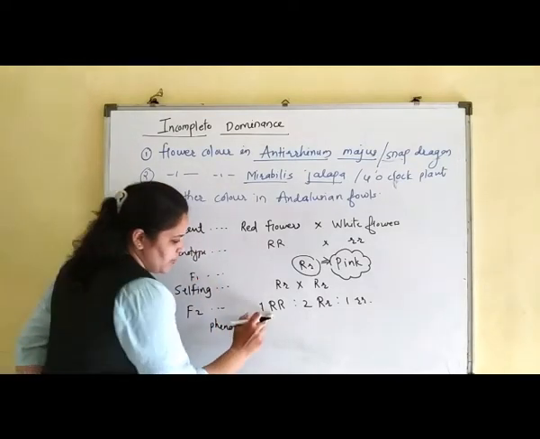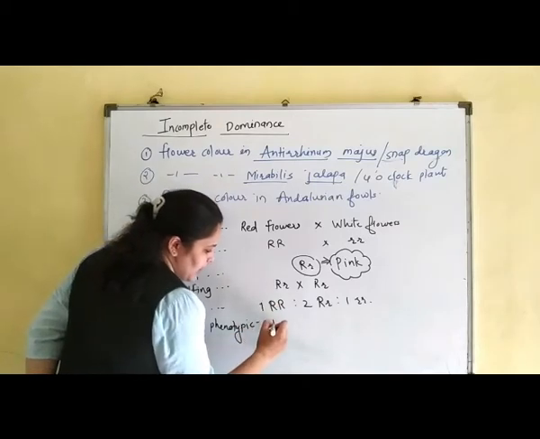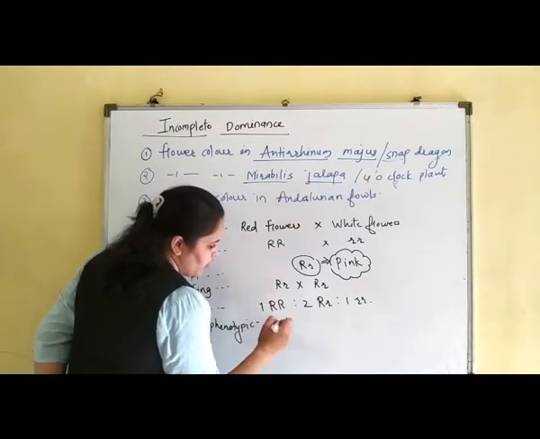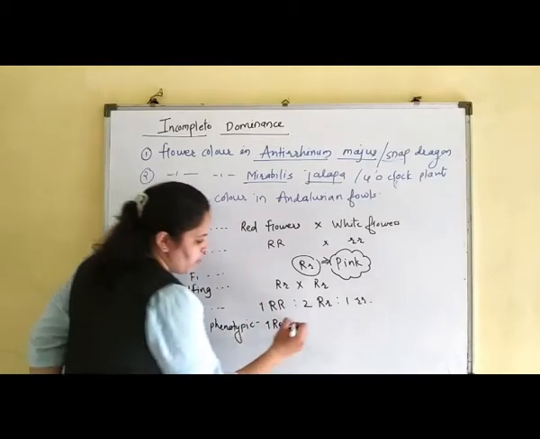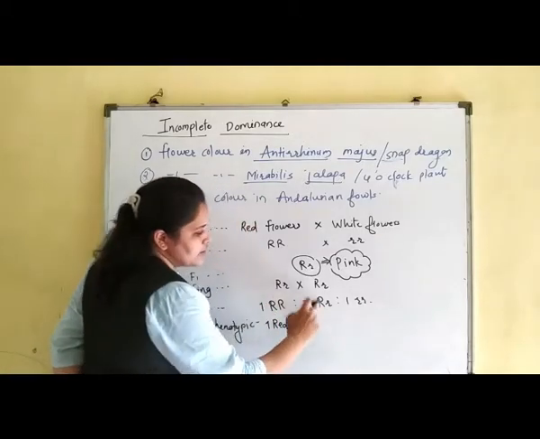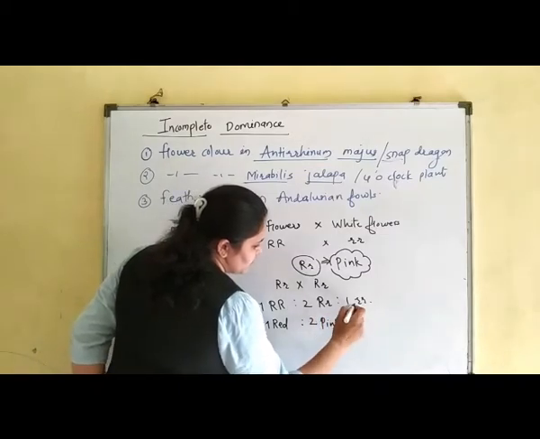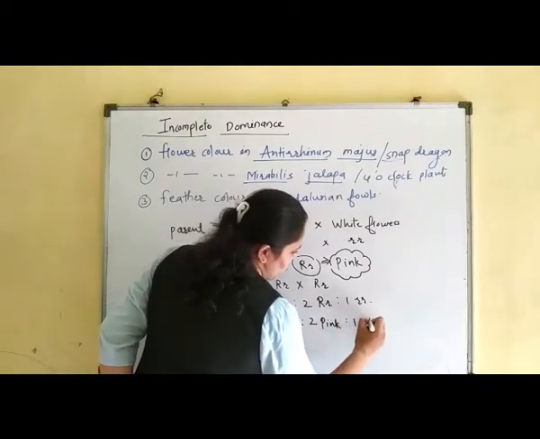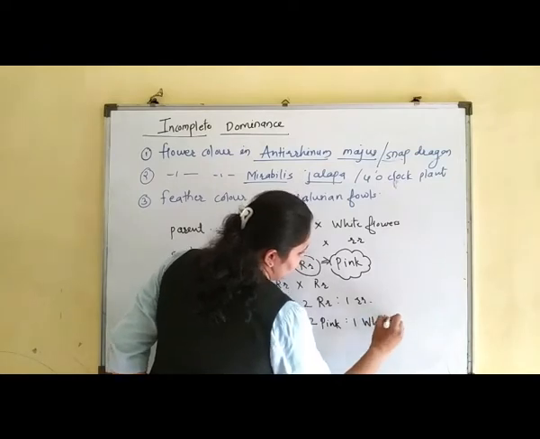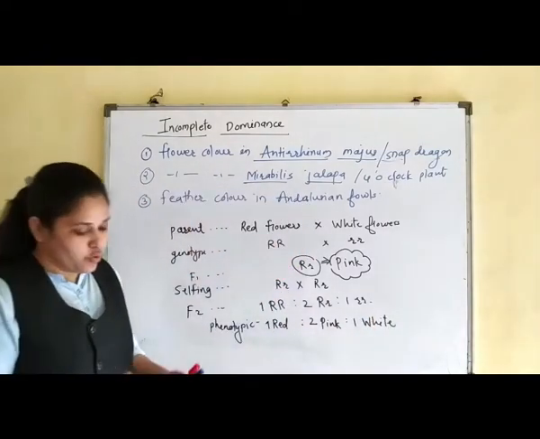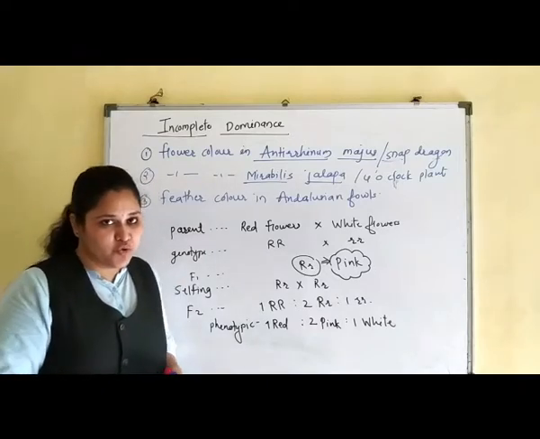Let's see what it is here. This capital R will give rise to red color. So one plant with red flower. These heterozygous ones, obviously, are pink, with one dominant and one recessive allele, whereas one is white. So clearly you can see here the phenotypic and genotypic ratios are both 1:2:1.